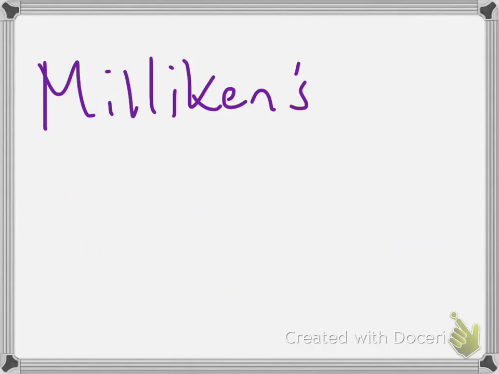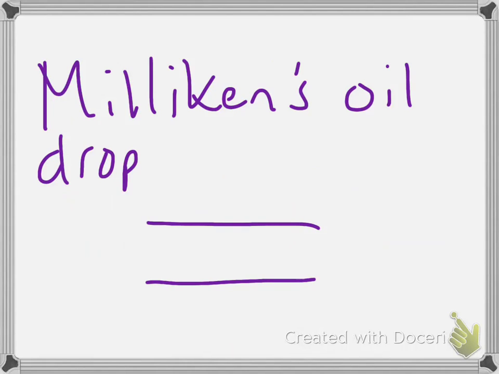Now, the only experiment that you might need to know that they've ever slightly asked about is Millikan's oil drop. Now, he's the one that had those two charged parallel plates, and he was looking through a microscope at these, here's his eye right here.